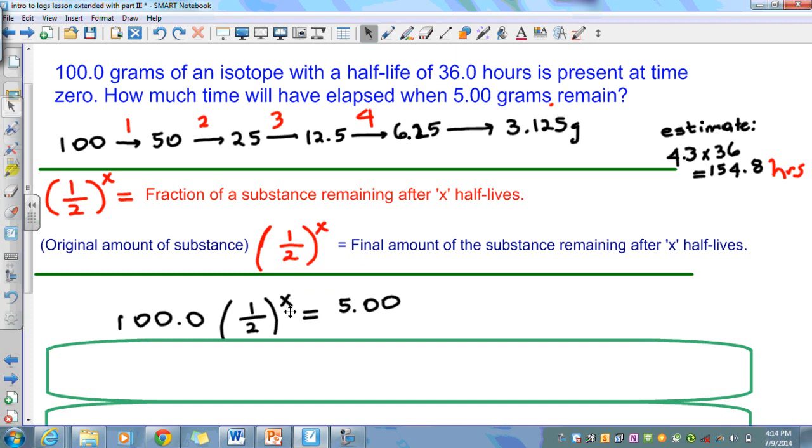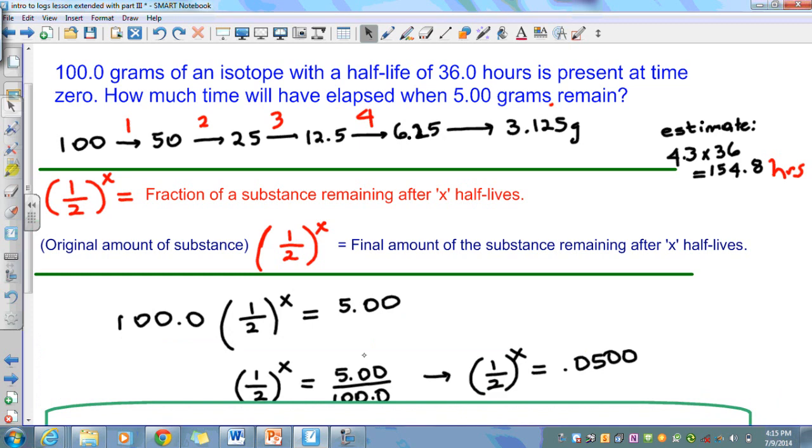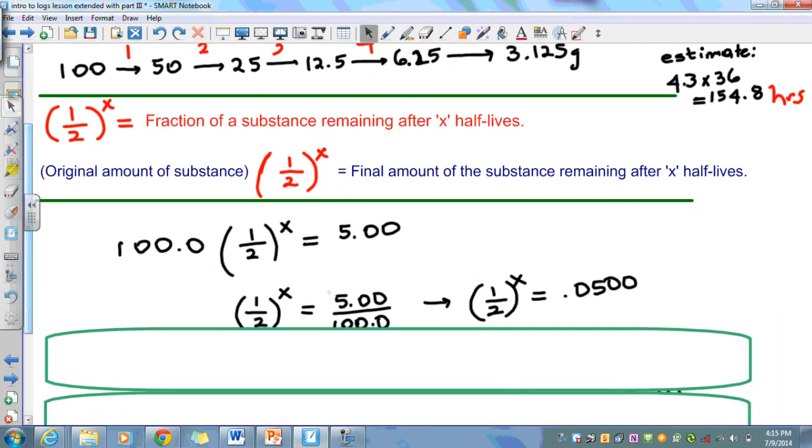Now to solve for x, yes, the x is indeed appearing in the exponent, but remember, we cannot apply the natural log until we have isolated our exponential term. In other words, we must get rid of this 100 first by dividing both sides by 100. So that's what I did. First of all, divide both sides by 100, 5 over 100, with significant figures, gives me 0.0500.